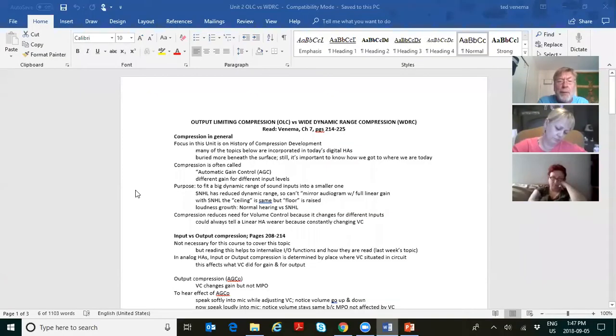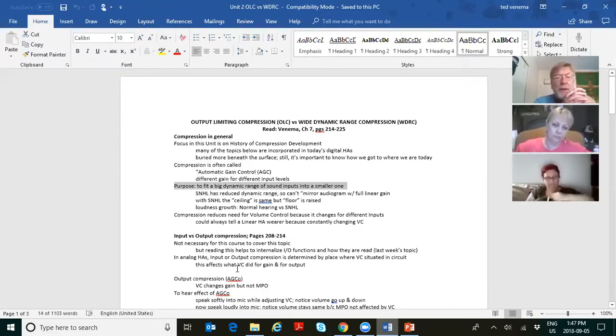The purpose of WDRC especially, and you might want to write this beside where I'm graying this out, is to fit a big dynamic range of sound inputs into a smaller one. I'll show this with my hands.